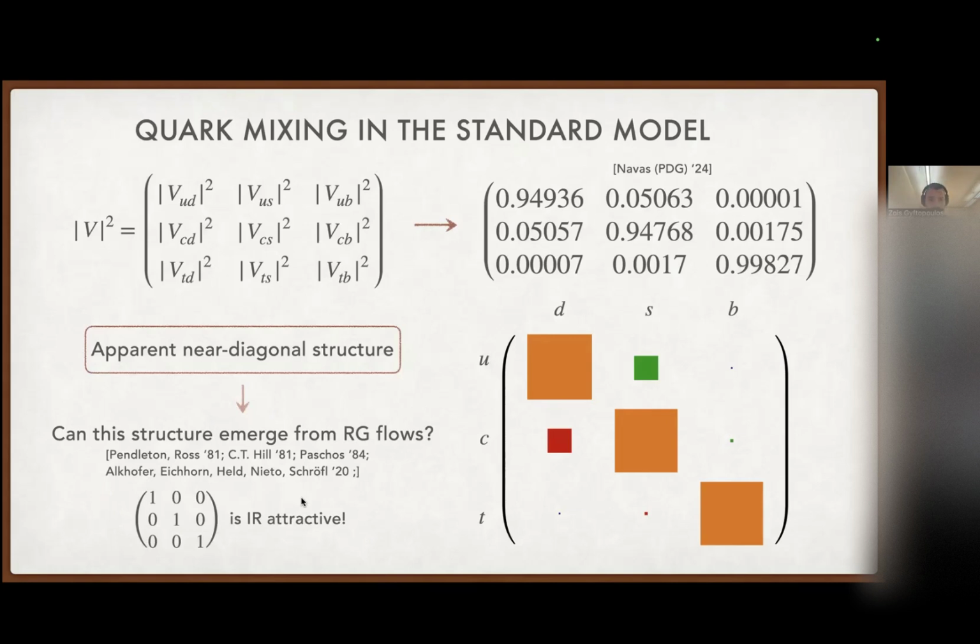However, there is a real problem here. In fact, if you try to calculate the RG flow from the electroweak scale to the Planck scale, you see that the CKM matrix doesn't really run. It runs really, really slowly. So you don't really have enough flow or enough time to actually reach this configuration.